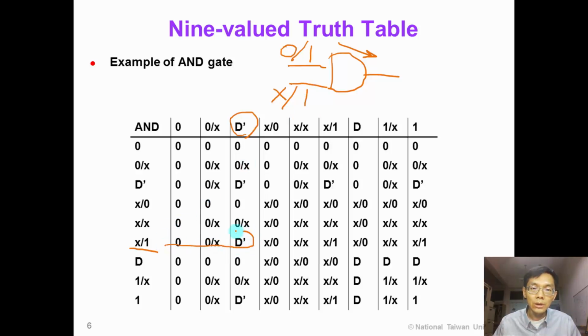With this combination, the output can be D prime, so the fault effect can be propagated to the AND gate output, even though one of the side inputs is unknown for the good circuit. Using this 9-value truth table, we can avoid the overspecification problem. The cost is that the truth table is much larger than the traditional truth table. As we can see, the size is 9 by 9.